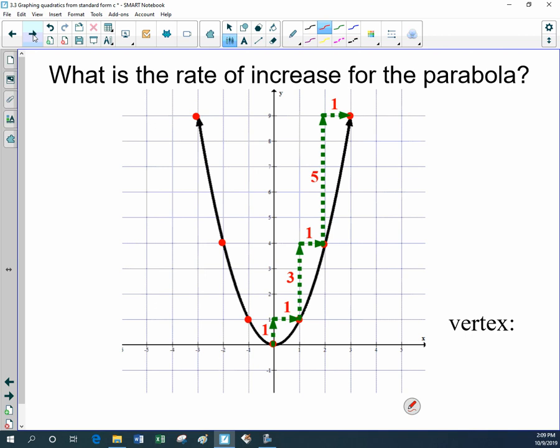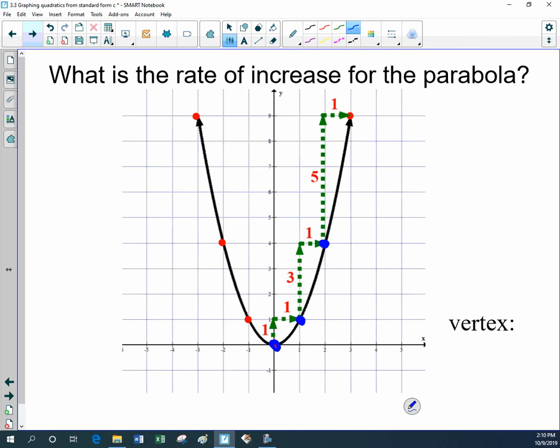Okay, what is the rate of increase for the parabola? When we get to graphing a parabola in a second, we're going to talk about the rate of increase. Starting at the vertex, to get to that first point, it goes up 1 over 1. So here's the vertex. From the vertex, we go up 1 over 1. From the point that we just landed on, you see that it goes up 3 over 1.